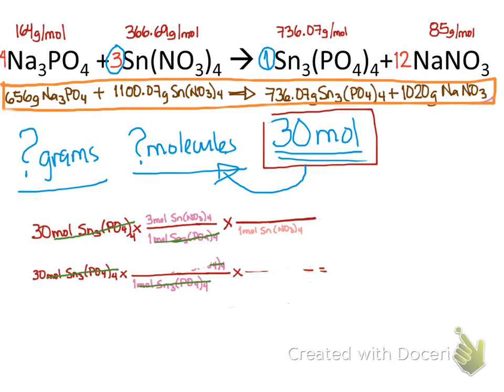How many molecules? 1 mole equals how many molecules of whatever you have? Avogadro's number. 6.02 times 10 to the 23 molecules of tin nitrate.